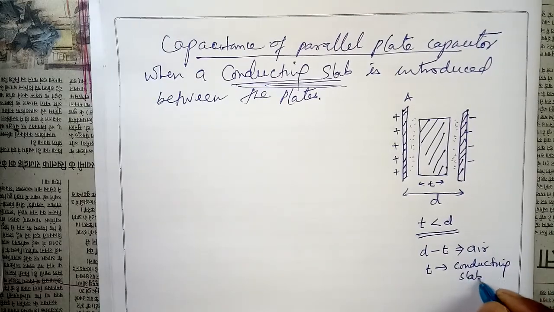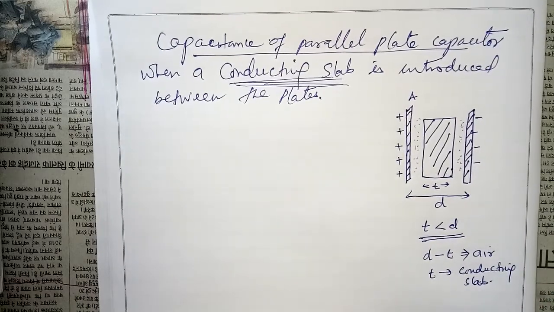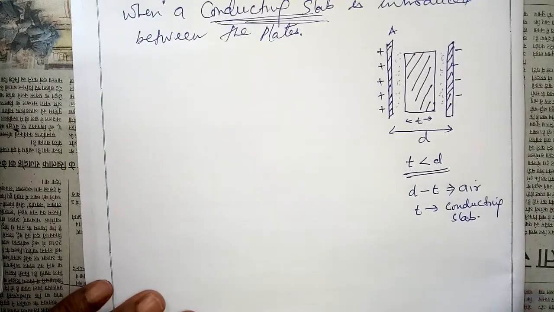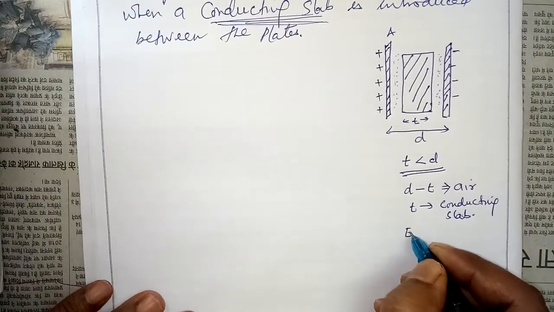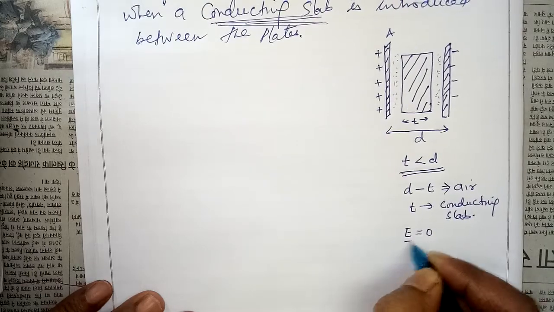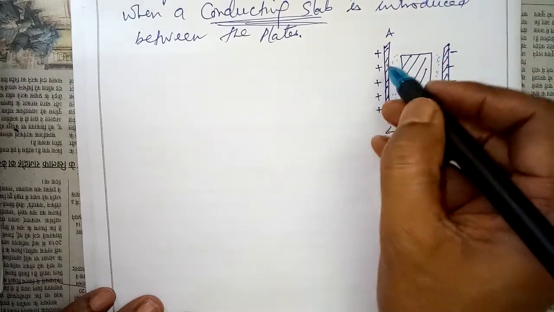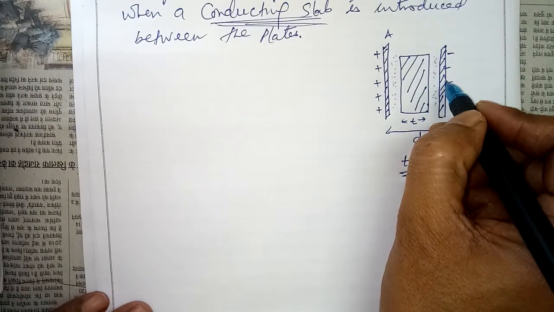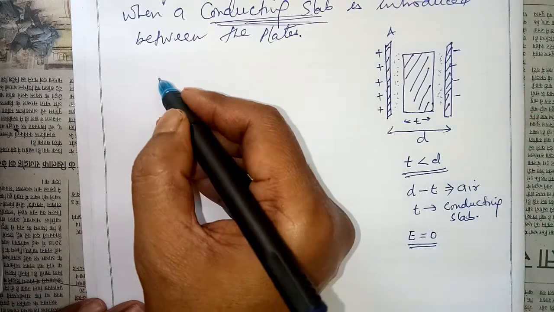One important point to be noted here, as we have discussed before, is that E inside a conducting slab is 0. As there are opposite charges on the plates, a potential difference will be developed.